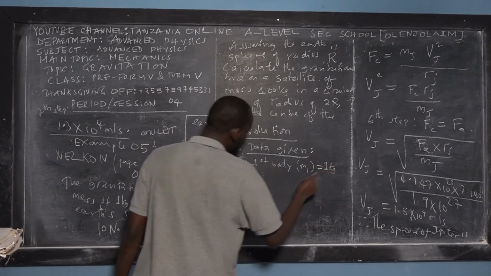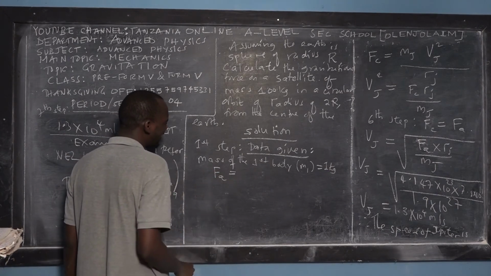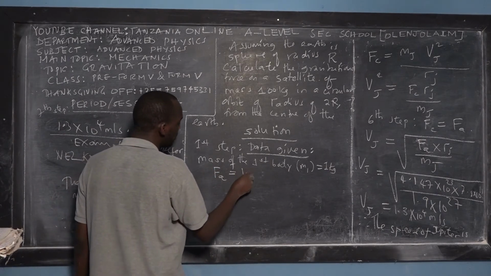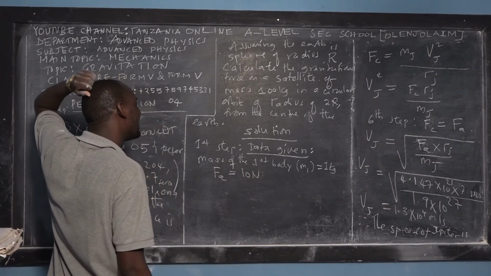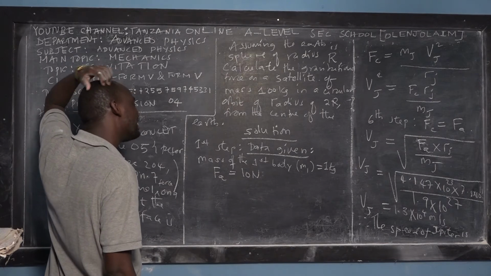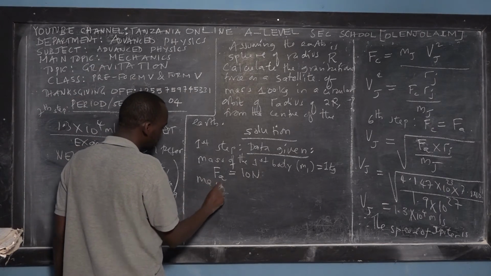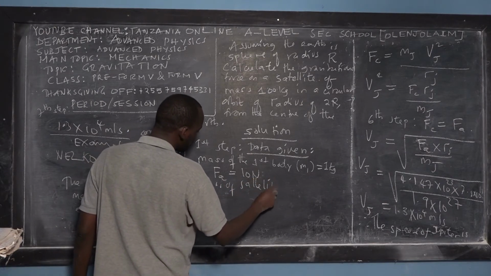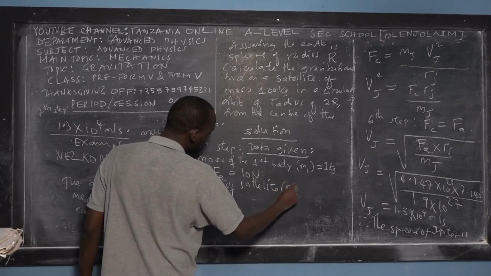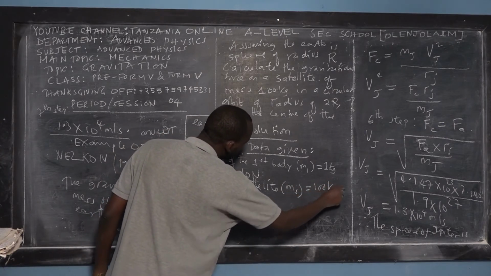And then the force of attraction between that body and the Earth is 10 Newton. Then calculate the gravitational force on the satellite. Let the mass of the satellite be 100 kilograms.